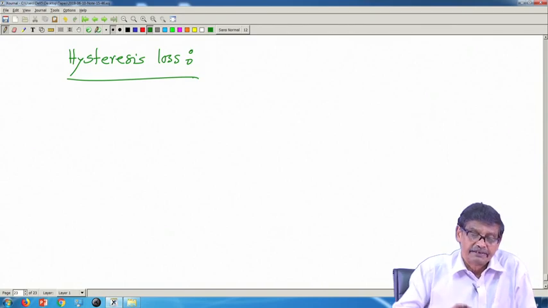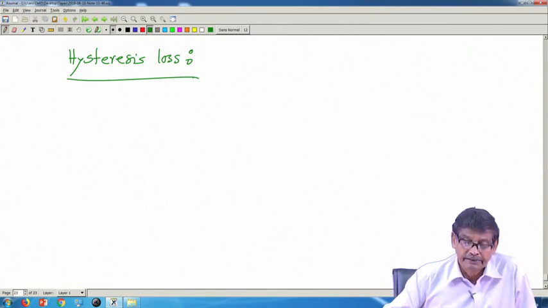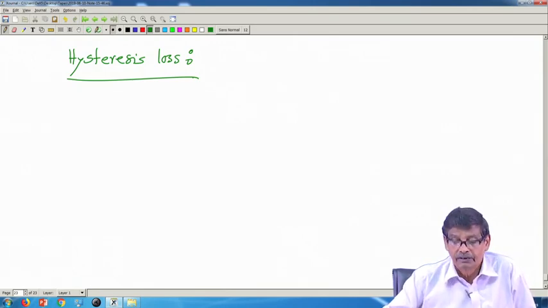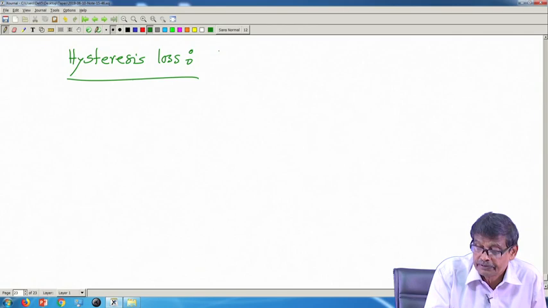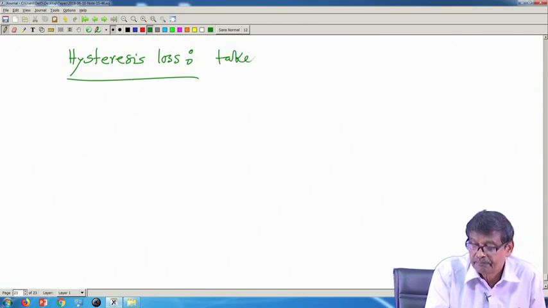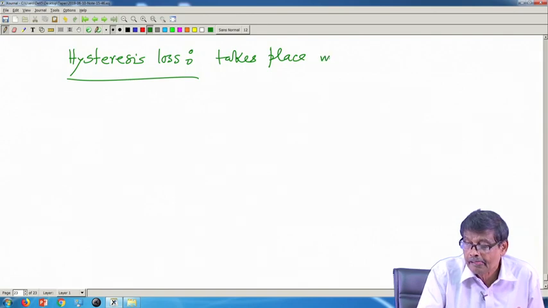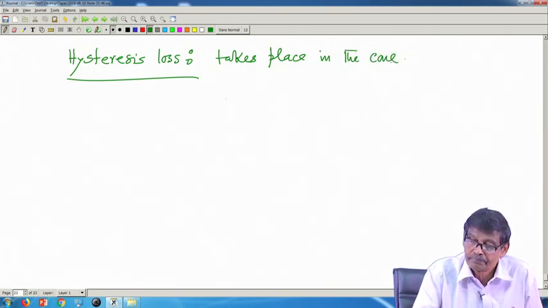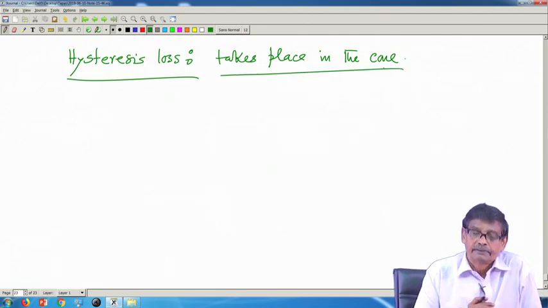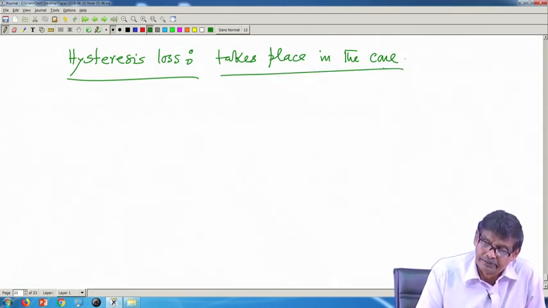Okay. What is hysteresis loss? Hysteresis loss is another loss which also takes place in the core, like eddy current loss. Now, what is this loss?